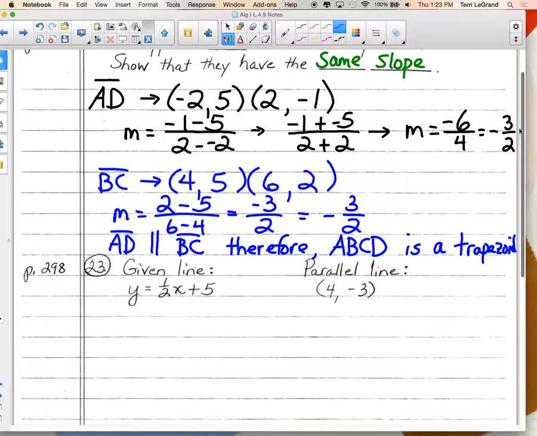You're going to have to prove that one set of opposite sides are parallel, that's 2 slopes. You're going to have to prove that the other set of opposite sides are parallel, that's 2 more slopes. Will those 4 slopes be the same? No. 2 of them should match, and the other 2 should match, and if they do, you can say it is a parallelogram. Okay, so in your homework, you're going to have to work a little bit harder than we did here.